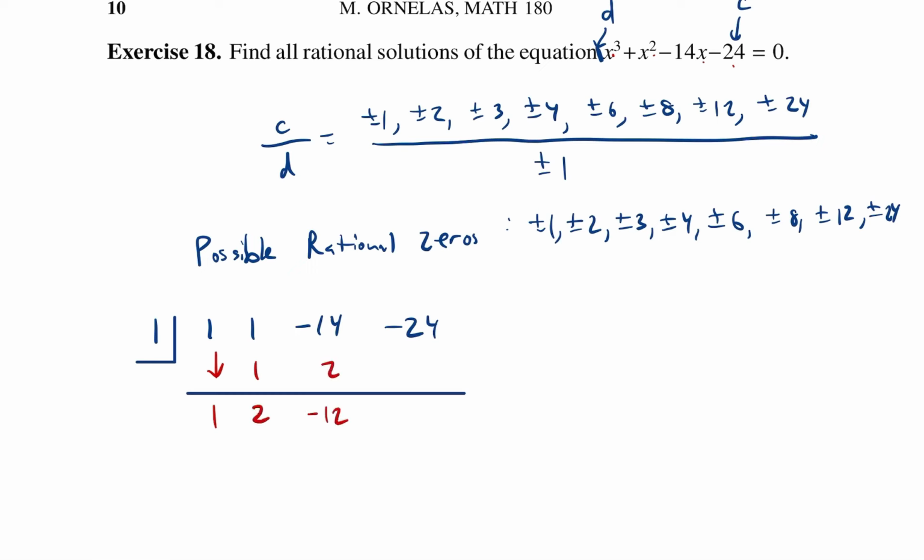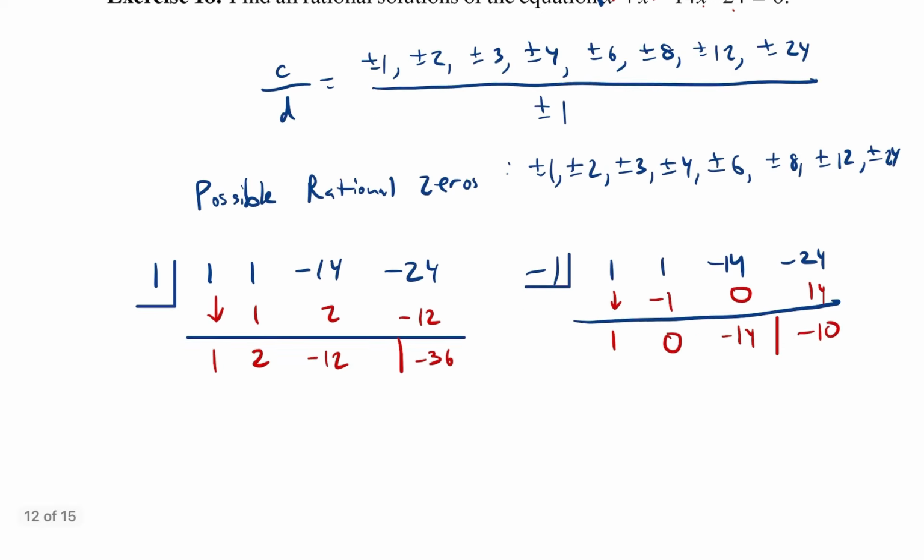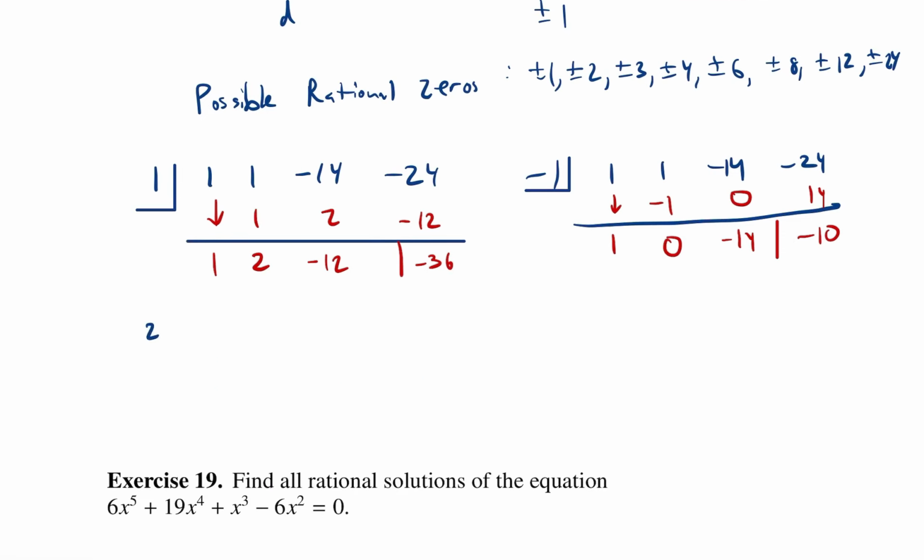So if you bring down 1 and you multiply, you get 1, then you add, then you multiply, then you add, and then you multiply. And this is not equal to 0. So that one is not a rational 0. So then we move on to the next one. I'm going to try negative 1. Bring down the first term, multiply, add, multiply, add, multiply, add, and you get negative 10, which is not 0.